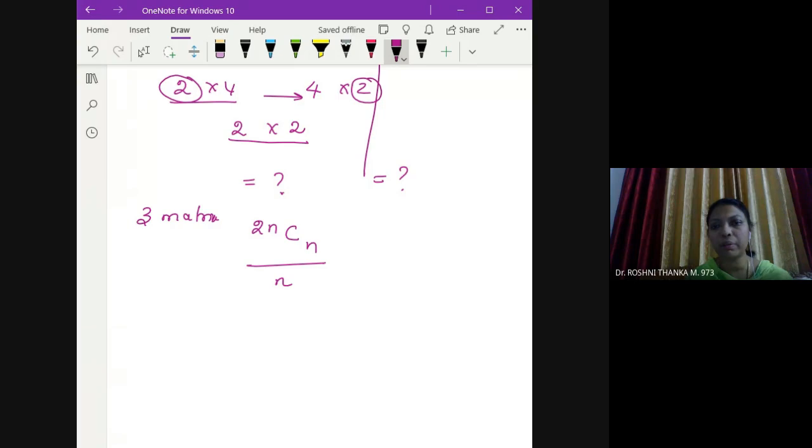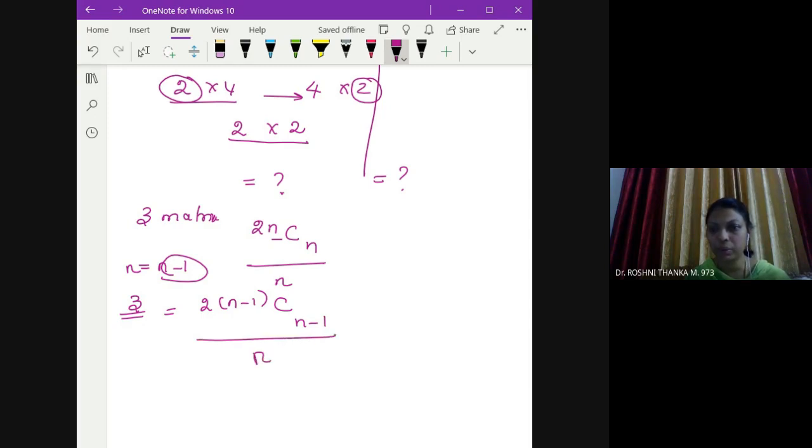So here when we do it with matrices, this n value will always be taken as n minus 1. So that is how we'll be taking the n value. When I substitute our n value, the number of matrices we have is 3, but we said we are going to take it as n minus 1. So what is the answer here? I'll get 2 into n minus 1 c n minus 1, divided by n.